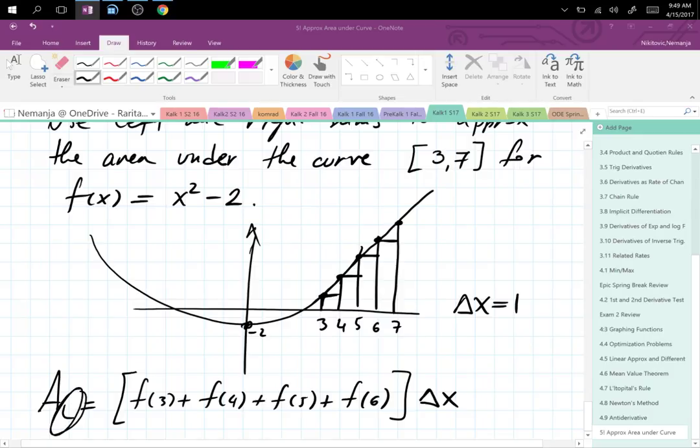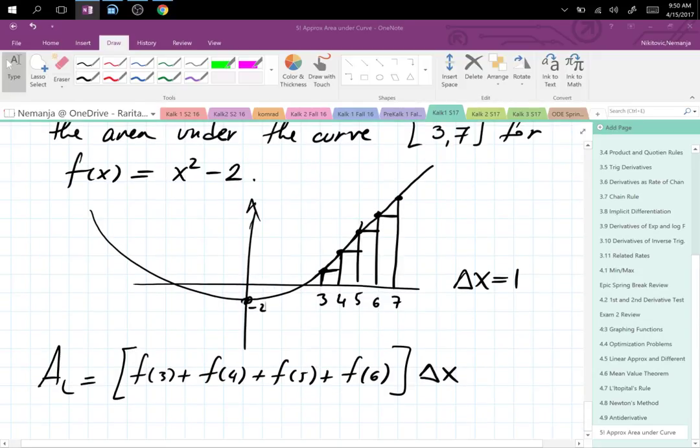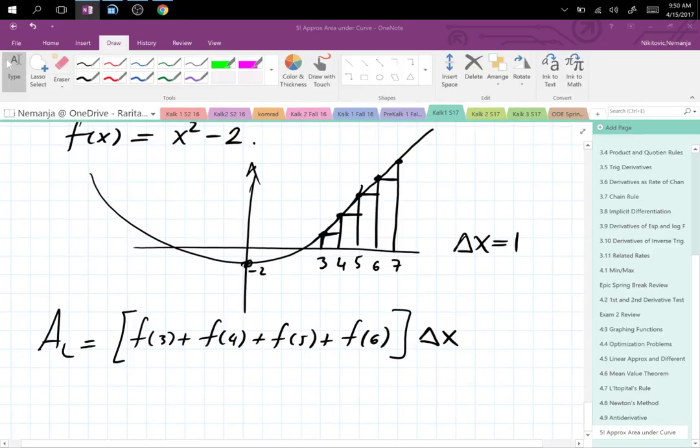Remember, you are looking for the left point, so don't use all of the points. It's either the front one or the last one that is used, never both for these guys. So we use 3 because it was a left point, and 7 is the right point, so you will use it later. You will not use 7 now.